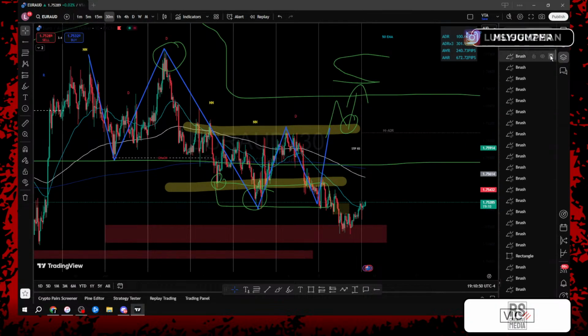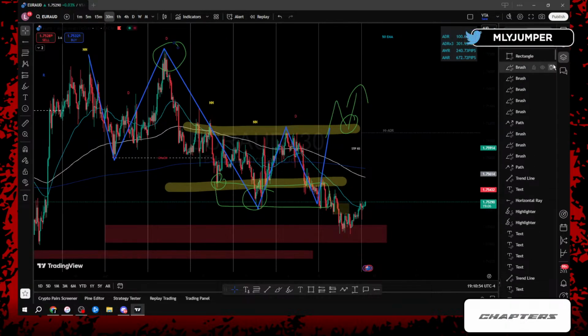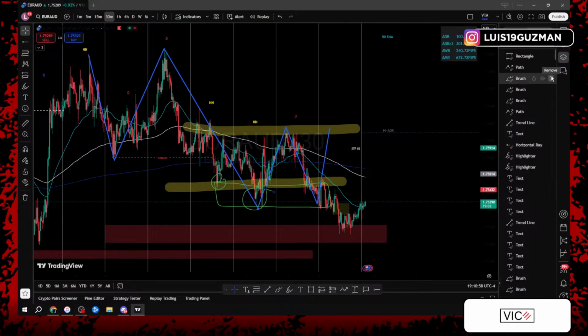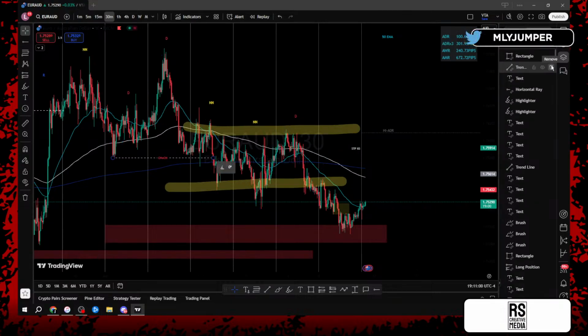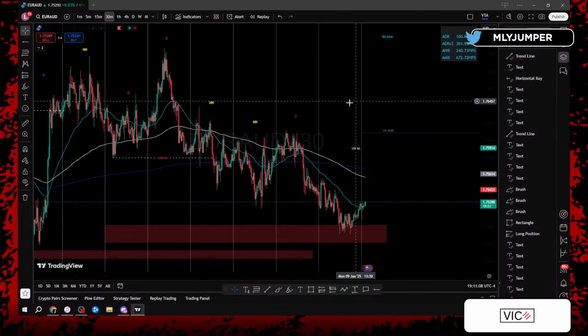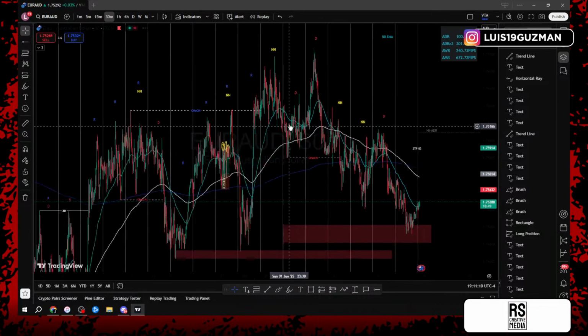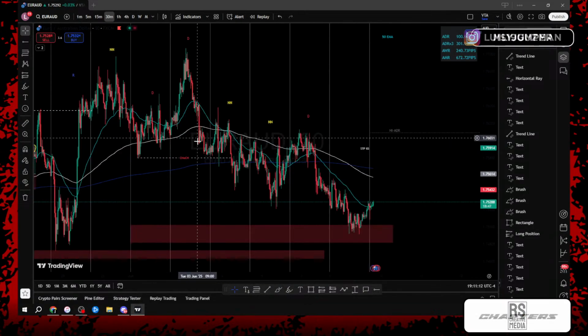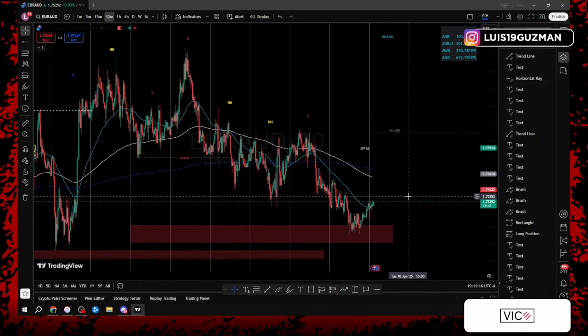Let's go ahead and delete these drawings. Broke below the lows. Gave us a change of character, lower low, lower high, lower low, lower low.